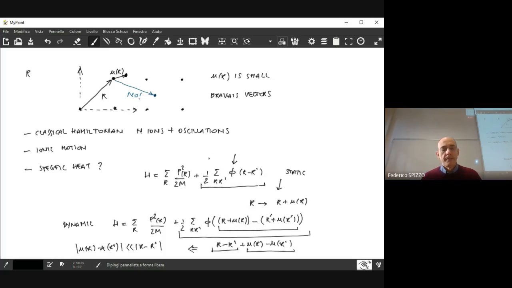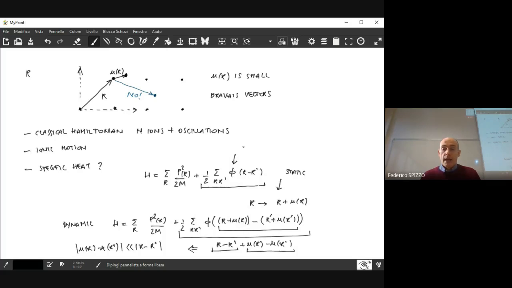Each time one ion deviates from the equilibrium position, the cloud of electrons close to that ion will also rearrange, since the position of that ion is no longer the equilibrium one. So during the motion of the ions, all the electrons rearrange their position depending on the actual position of the ions. So phi depends both on the charge of the ions and on the charge of the electrons.